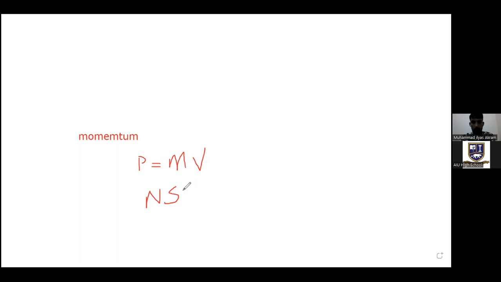And there are some other derivations about the momentum, and we have to discuss the motion of two bodies that are moving in the same direction, but the velocity of v1 is greater than the velocity of v2, and this is m1 and this is m2.